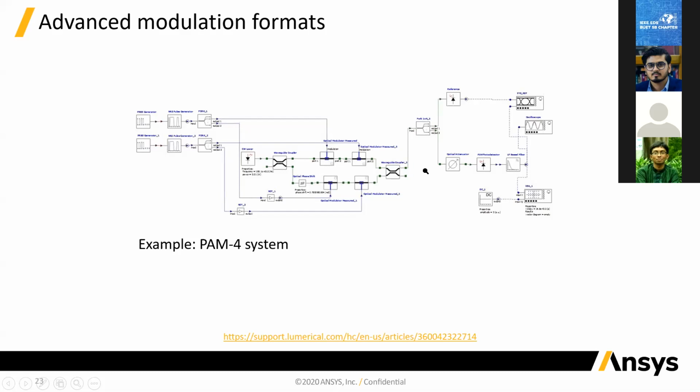That's the way you control the modulation of the optical signal by using an electrical pulse train. So that's, in very simple words, how a Mach-Zehnder modulator works and how you can use it as a modulator in a system. This particular example shows a PAM4 system where you use two modulators in series.